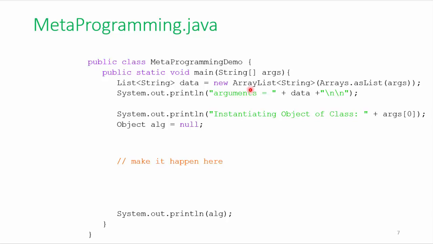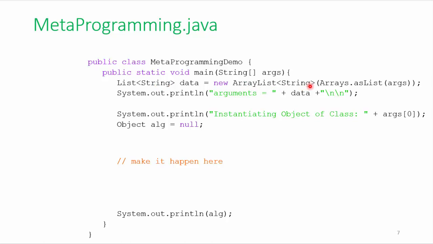So we create an object of type ArrayList of String, and we pass as parameter here the result of calling the asList method, which is a static method of the Arrays class. You can notice the uppercase A, so this is the name of a class here. And this method takes an array of String, that is our arguments that the main method receives automatically from the command line, and converts it into an ArrayList of Strings.